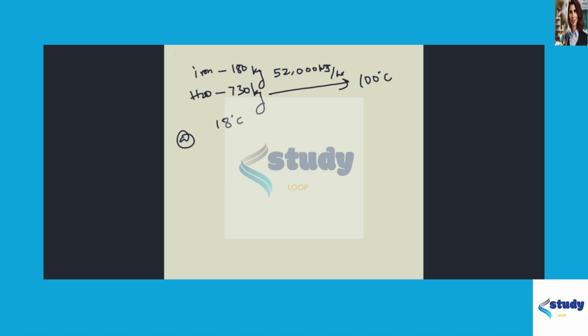Of course, when the water reaches 100 degrees Celsius, the boiler also reaches 100 degrees Celsius. As long as you remember that, you'll be fine.